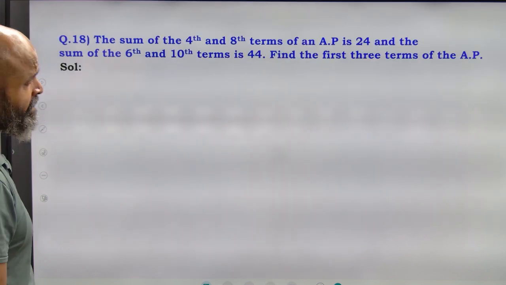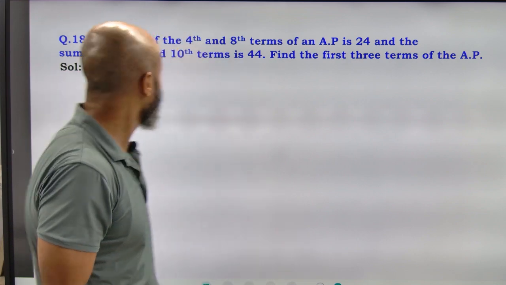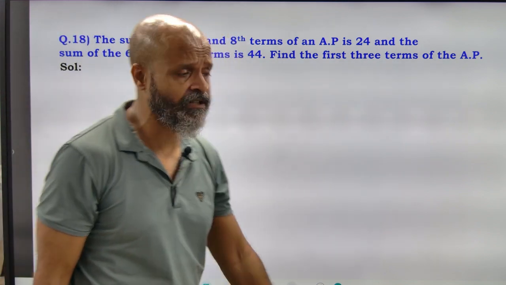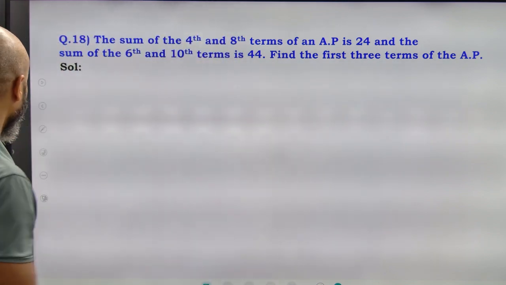The sum of the 4th and the 8th terms of an AP is 24 and the sum of the 6th and the 10th term is 44. Find the first 3 terms of the AP. So let's look at it.